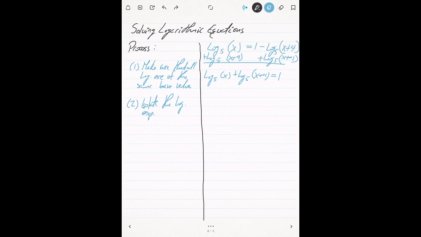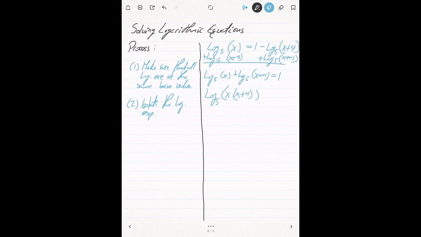So if we were adding logarithms together, that's really just multiplying the arguments together. This was the product property: when you were multiplying two arguments together inside a logarithm, you could separate that with addition. And you could go in the reverse. If you're adding two logarithms together of the same base, you can multiply their arguments together.